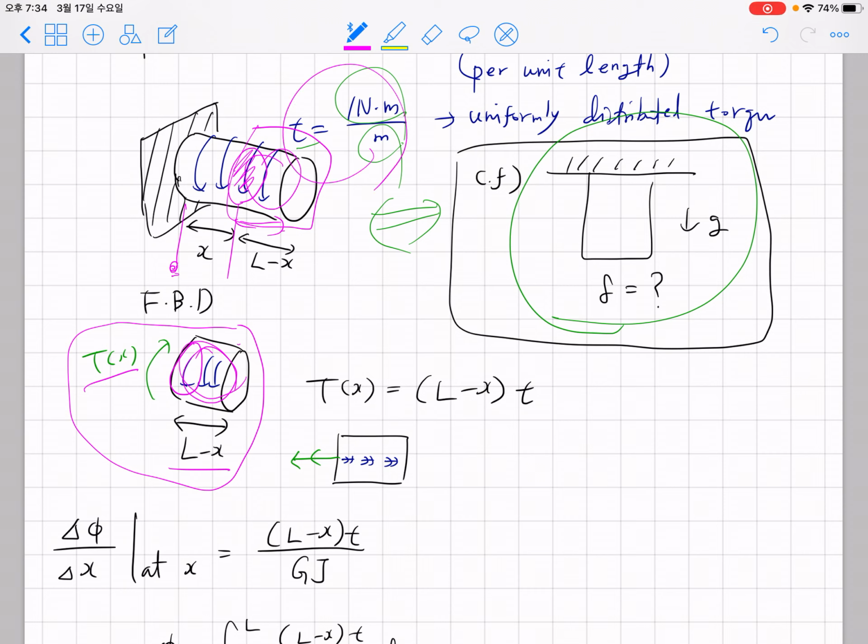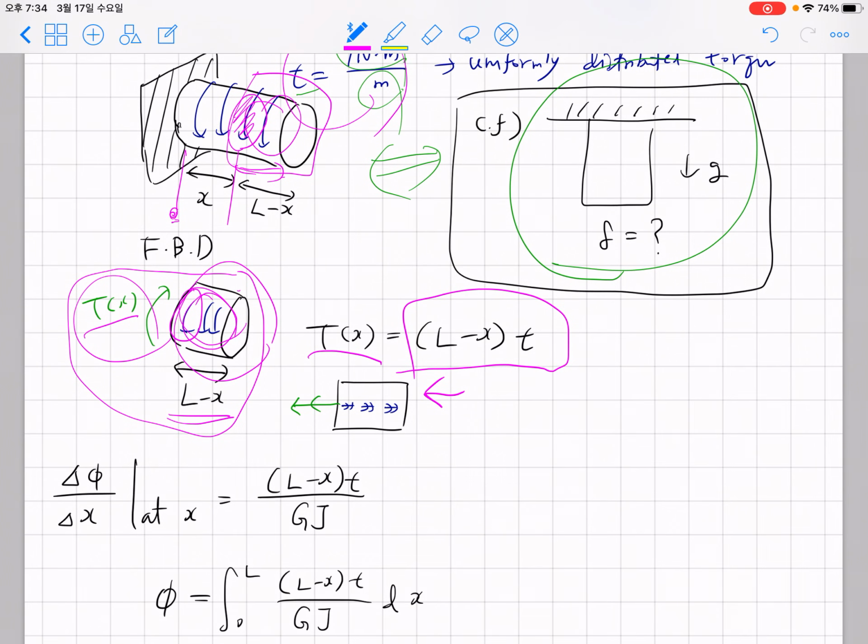So if you multiply the torque per unit length and the length L minus x, it will give you the torque acting on the entire volume. Okay, and to balance it, the reaction at the cross section needs this much torque. If we use double arrow notation, we have this distributed loading over the entire surface, and as a reaction, we have this green arrow on the cross-sectional area.